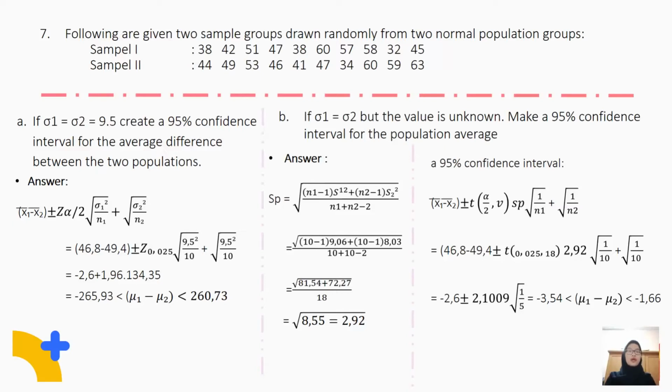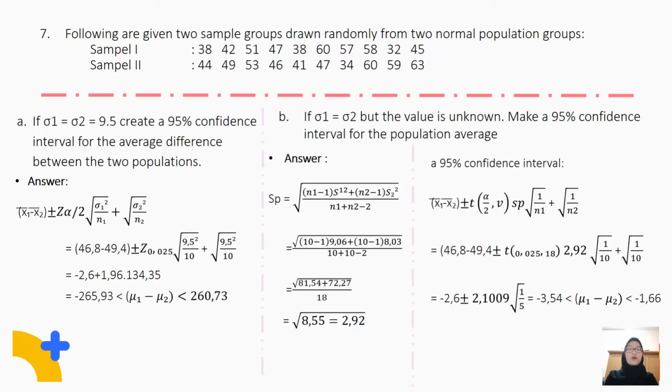You can write it like 46.8 minus 49.4 plus or minus z 0.025 times square root of 9.5 squared over 10 plus 9.5 squared over 10.